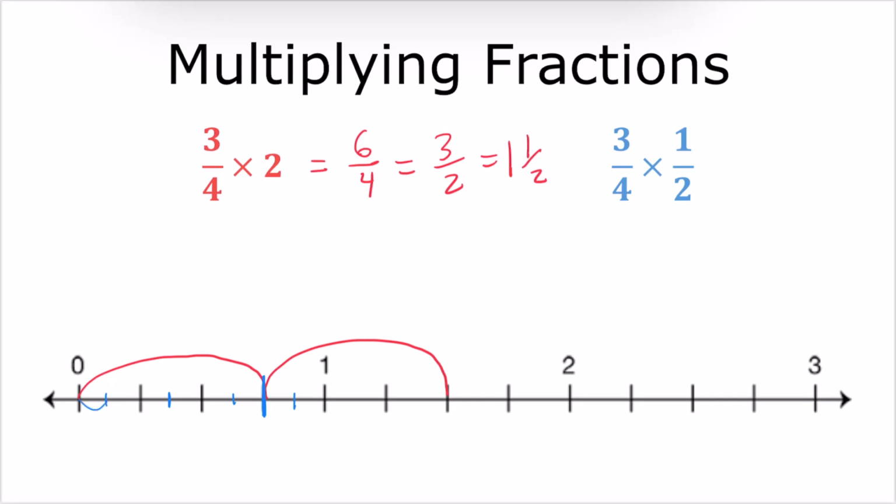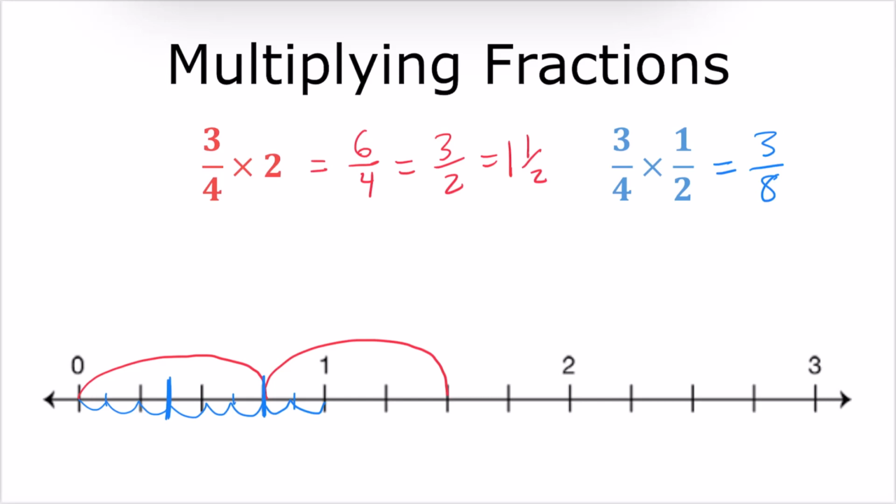So there's 1, 2, 3, 4, 5, 6, 7, 8 total, which makes sense because if you split fourths in half, that's going to give you eighths. And this mark, that's the 1/2 mark of 3/4, is the 3/8 mark. And so that tells us that 3/4 times 1/2 equals 3/8.